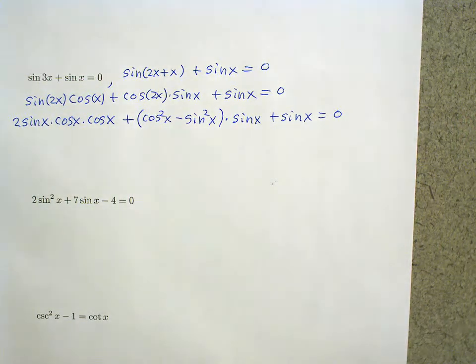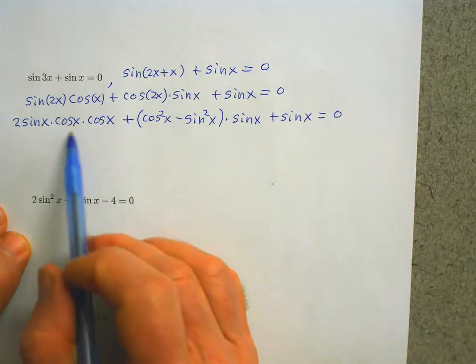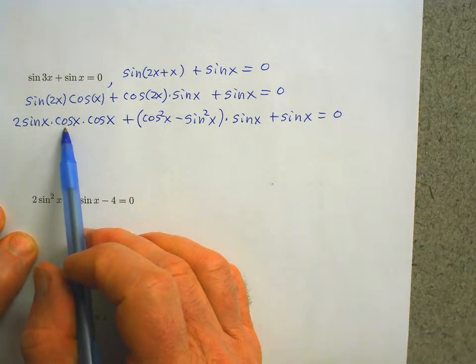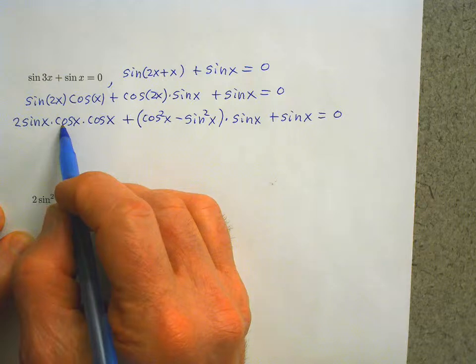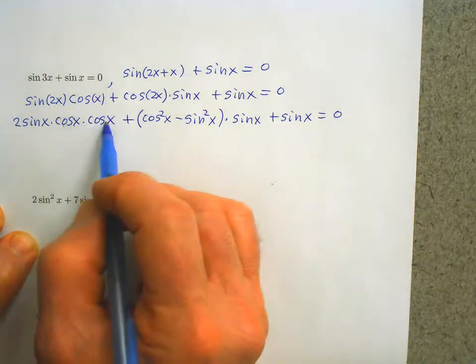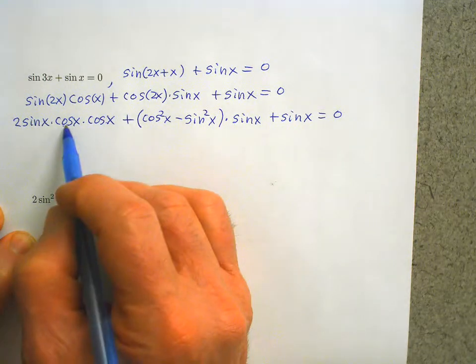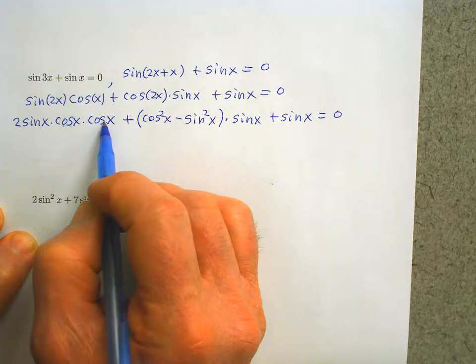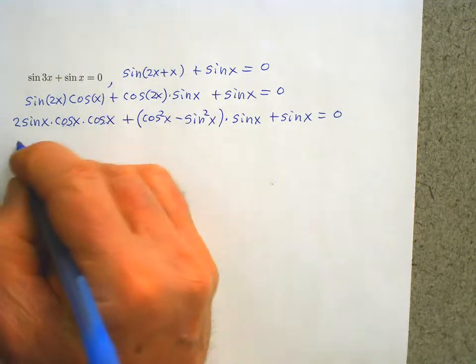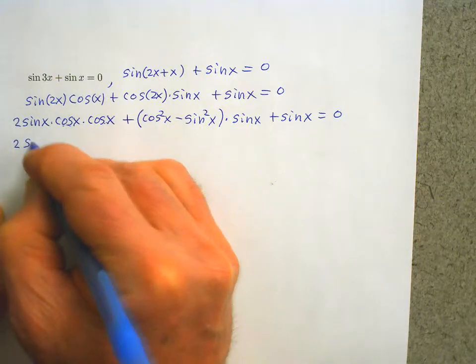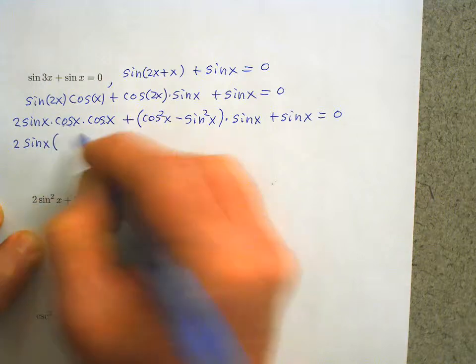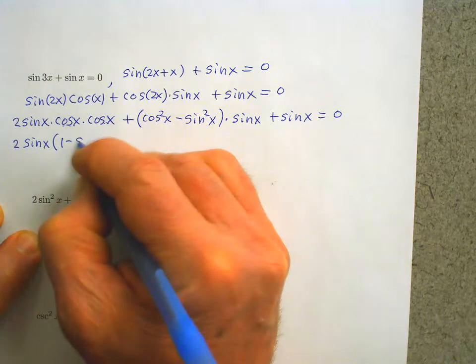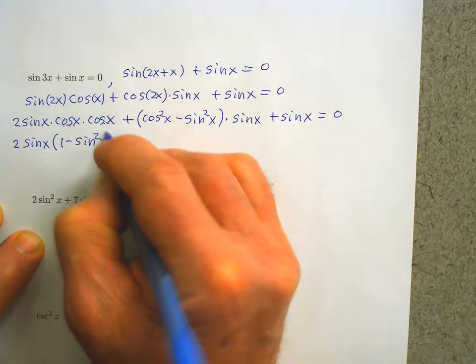Well, this is similar to one we did, but a little bit different. So in this one, since I have a cosine of x squared, I'm going to replace this with 1 minus sine of x squared. So we get 2 times sine of x times 1 minus sine of x squared.